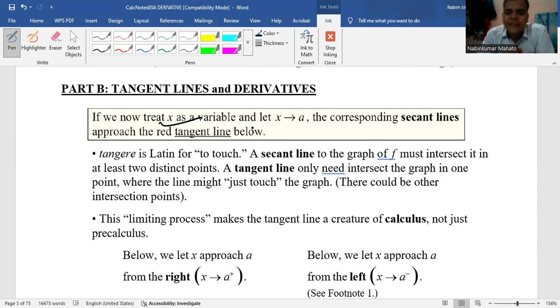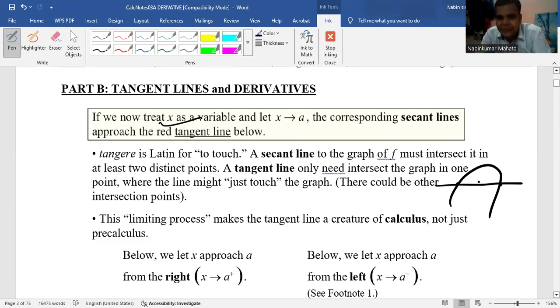A secant line to the graph of f must intersect it at least at two distinct points. What do you mean? Look here. Secant means that it intersects at least two points, just like this point and this point. This is called the secant.